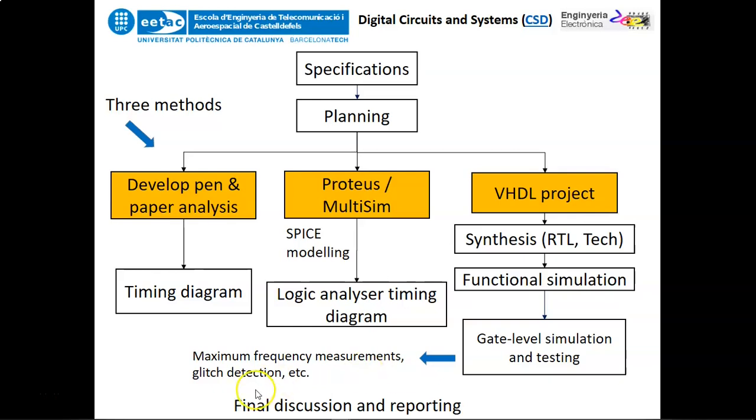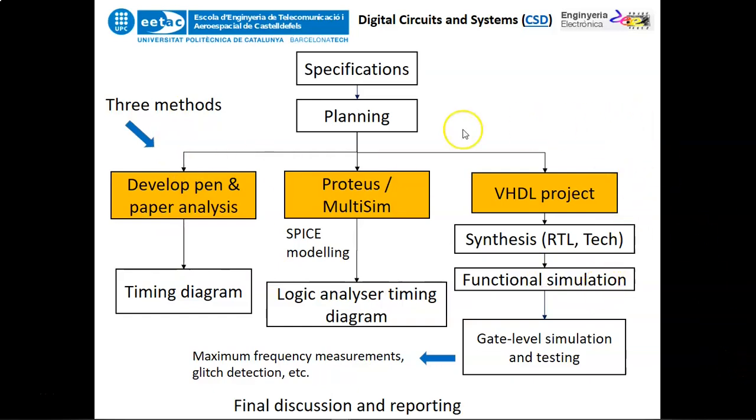For example, you can detect glitches and unknown or unwanted codes in the outputs, and find the maximum frequency of operation as usual. So in the end, you've got the project solved in three different ways.